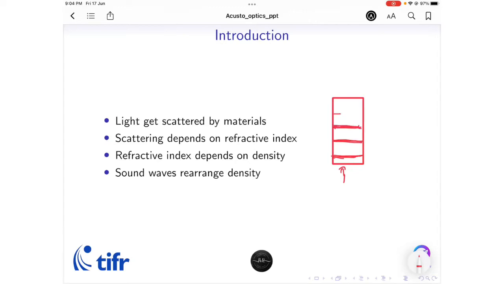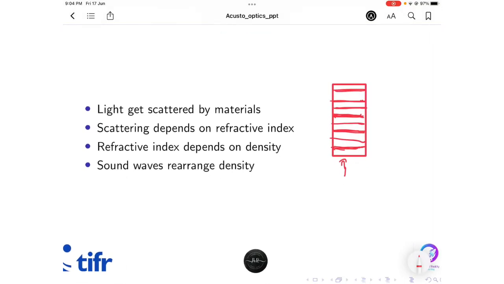My drawing is not that good, but still this will help to give some idea. So its density will get rearranged. There will be crests and troughs in this density, and we are passing ultrasonic sound through this crystal.